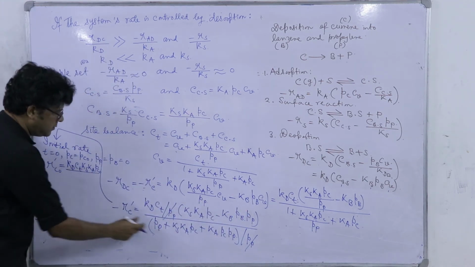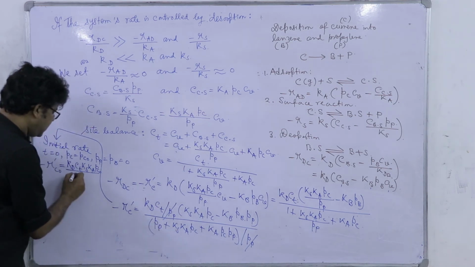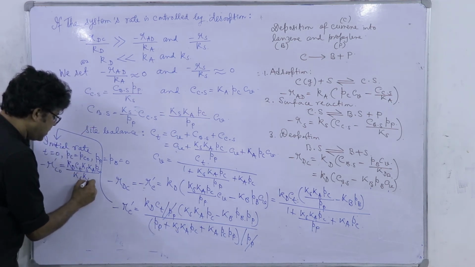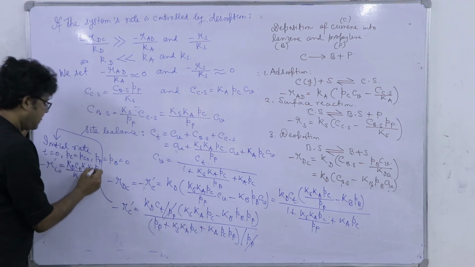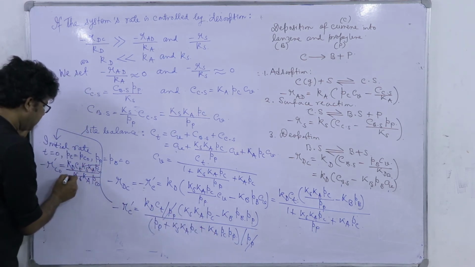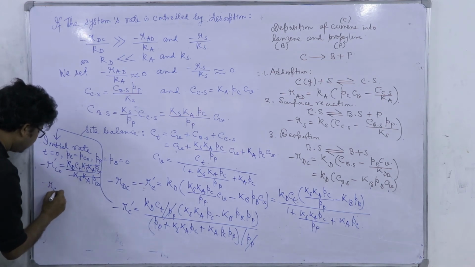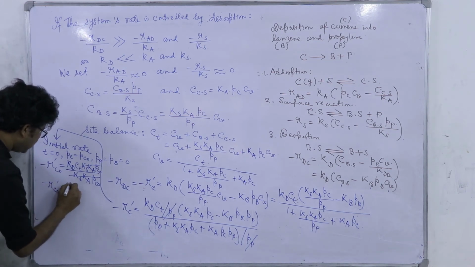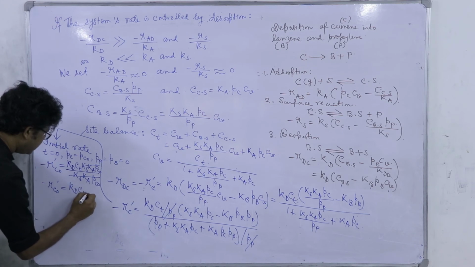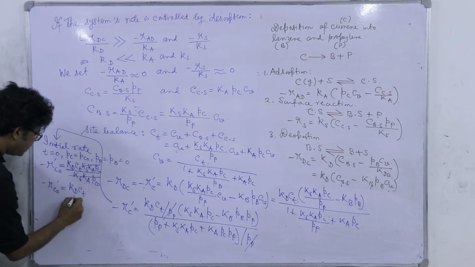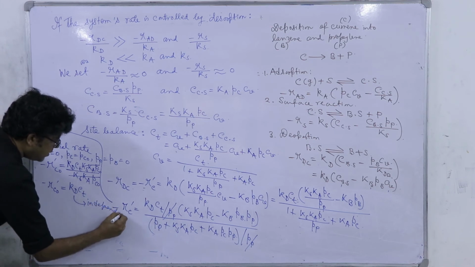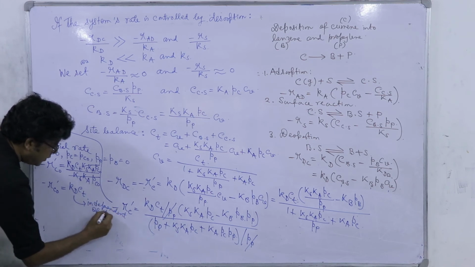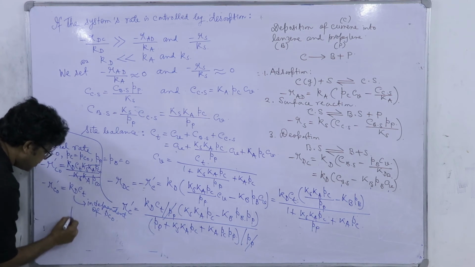And in the denominator, we have this term 0, Ks Ka Pc naught, this term is also 0. So, this and this cancel out. So, we have minus R_CO prime equal to Kd into Ct, and it is independent of the initial partial pressure of cumin.